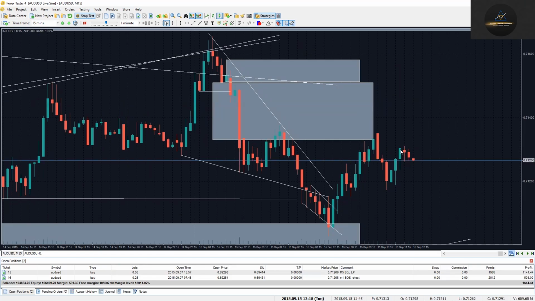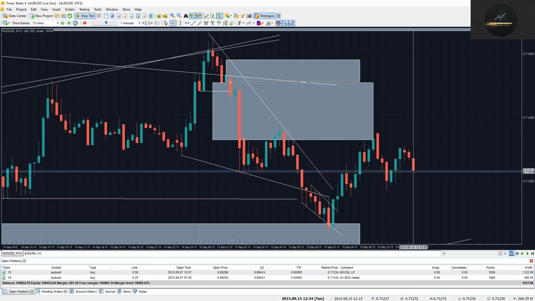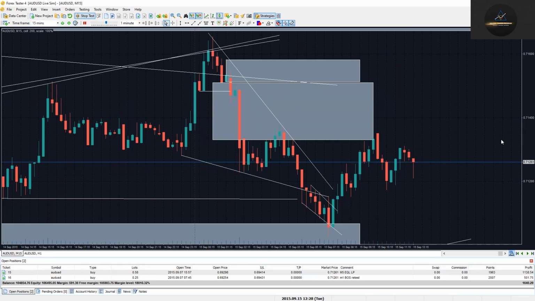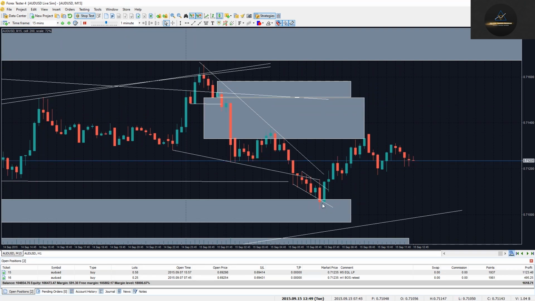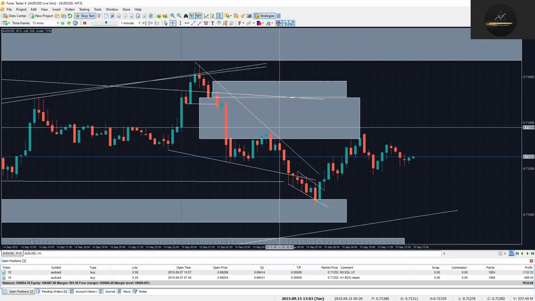So it's lunchtime, and we're about to get into the US session. We had a nice little reversal here. I didn't manage to get an entry. So this high is very likely to get stopped out.